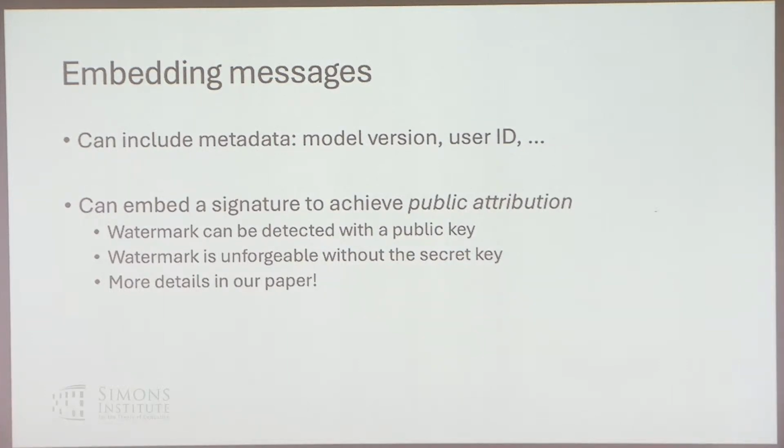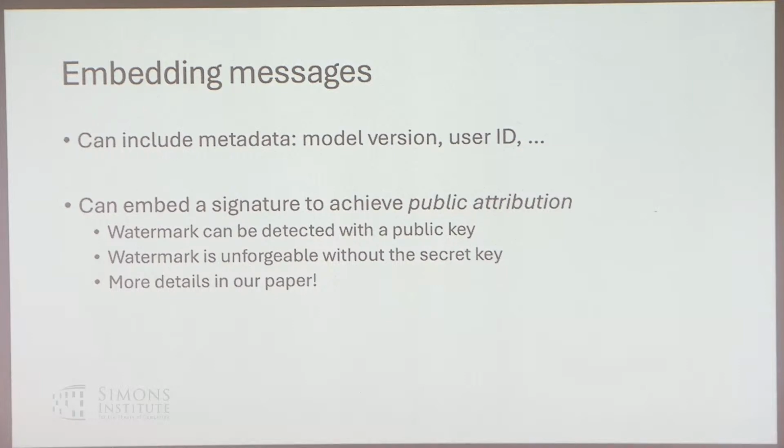And so you need some notion of unforgeability. And it turns out that by embedding a signature as the message in the pseudorandom code, where the signature is a signature of part of the response output so far, you can immediately get public attribution from our PRC watermark. And so there are more details about this in our paper.